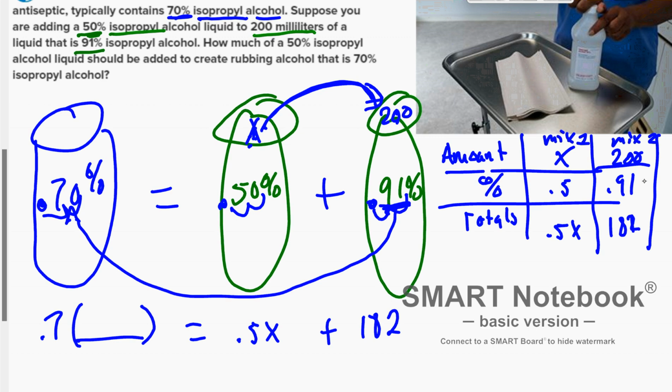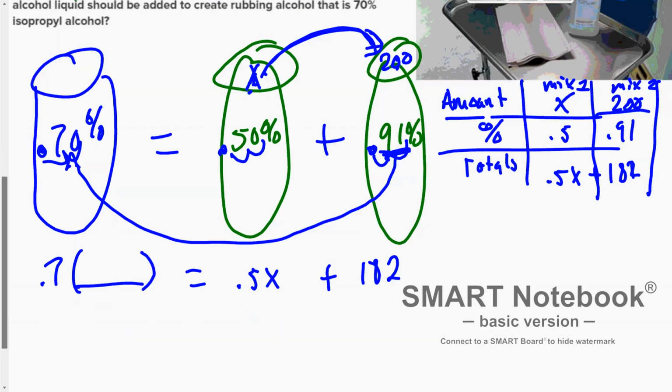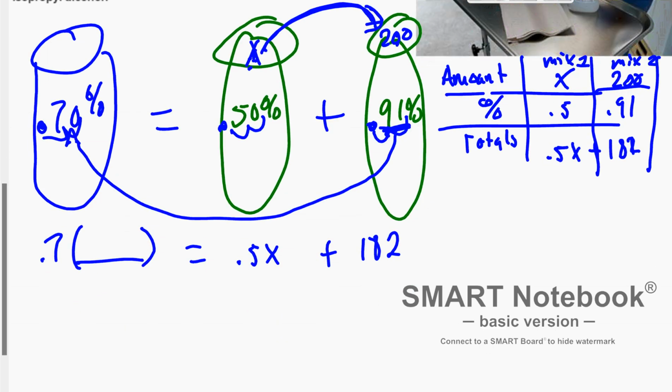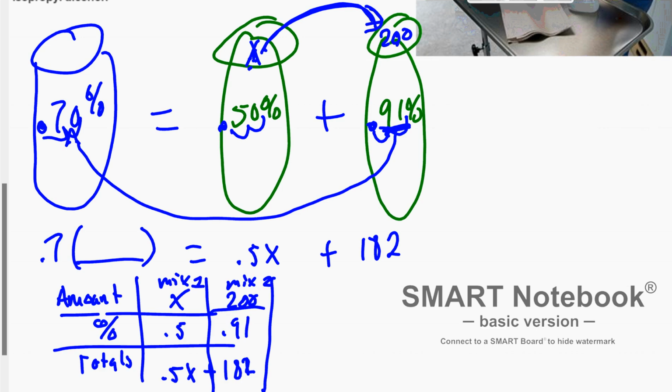And we know when we add these together, we want to get a 70% mixture. I'm out of room here, so I'm moving it over for you. We know we want to get the total percent of 0.7. But what's my mixture amount? Well, I need to add these two together, right? So my amount should be x plus 200. And my mixing total should be 0.5x plus 182.